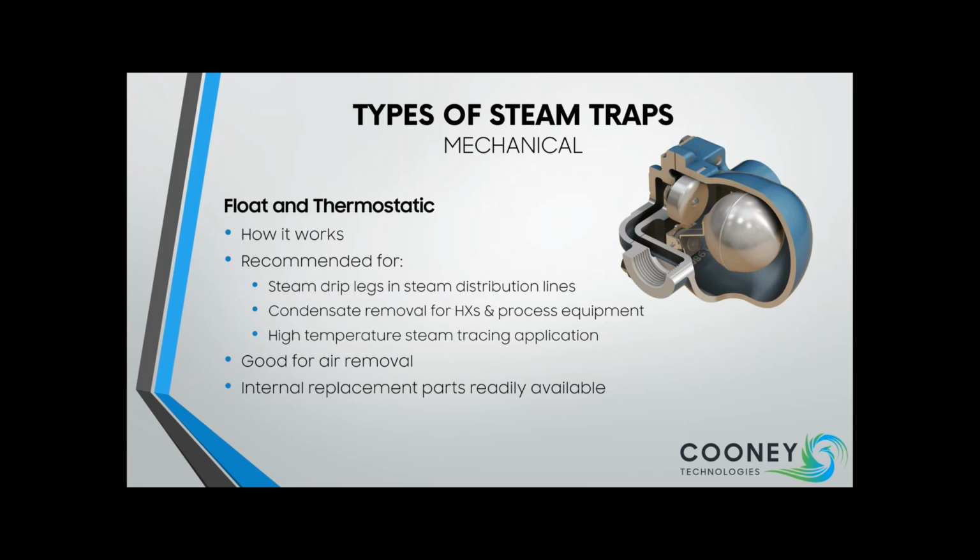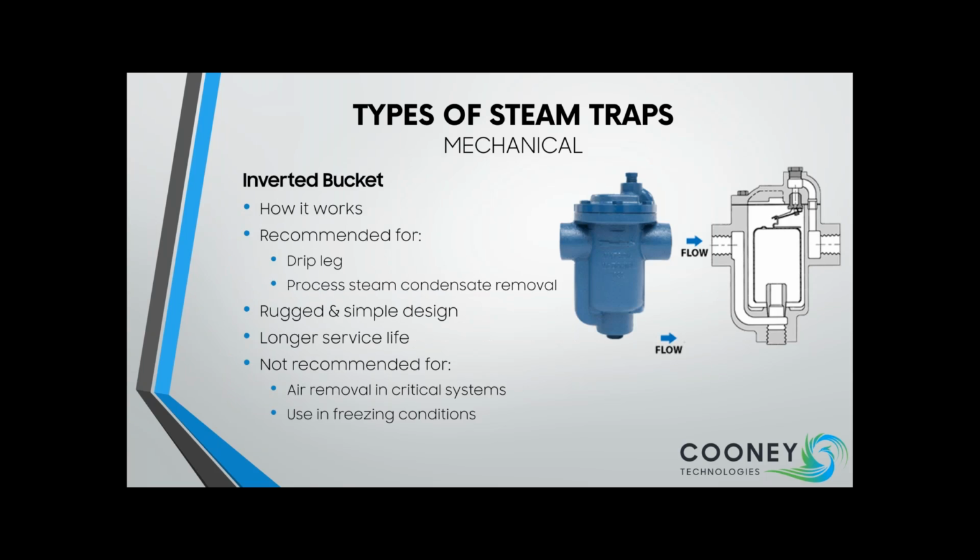They can handle a wide range of steam pressures and are considered quite good at removing air from a steam system. F&T traps have rebuild kits available for replacement of the worn out internal parts, and they're fairly easy to change out. Hands-on guys have probably had a lot of experience of changing out steam trap guts.